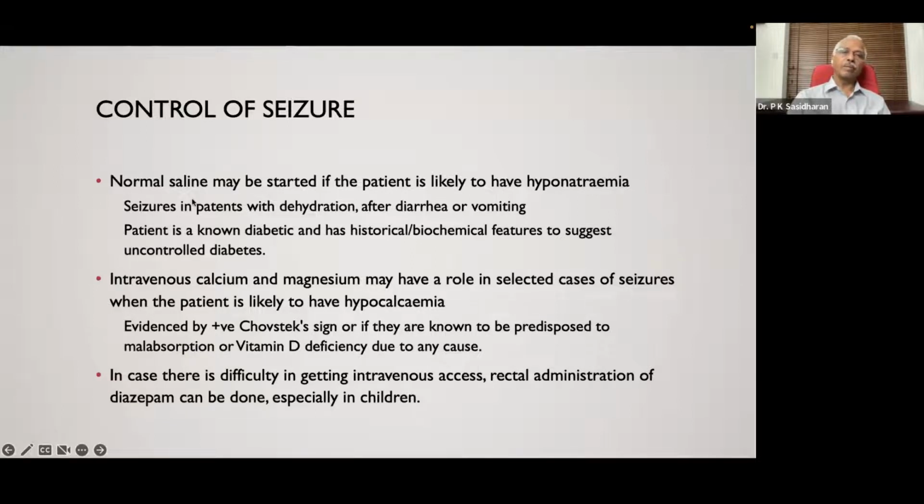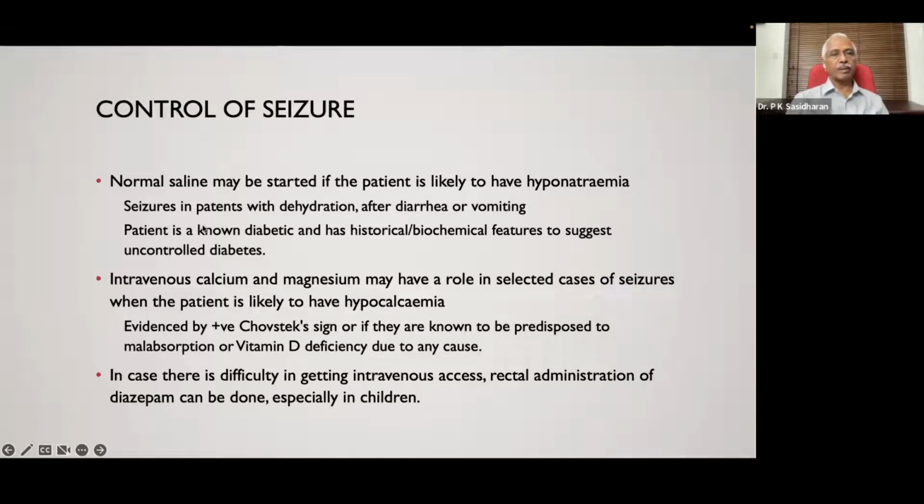But normal saline may be started if the patient is likely to have hyponatremia, which you can assess from history of vomiting, diarrhea, or any signs of dehydration in a patient with seizure. If there is any history of diarrhea or vomiting prior to seizure, always start normal saline because hyponatremia may be the cause for seizure.